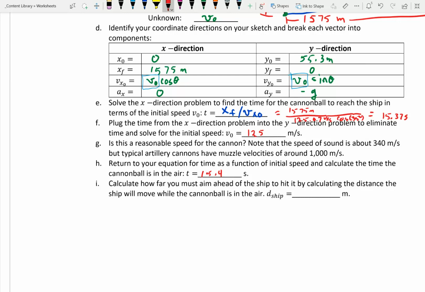And finally, how far do I have to lead the ship? The ship is moving, so for the ship, the distance the ship travels is equal to the speed of the ship multiplied by the time that cannonball is in the air.